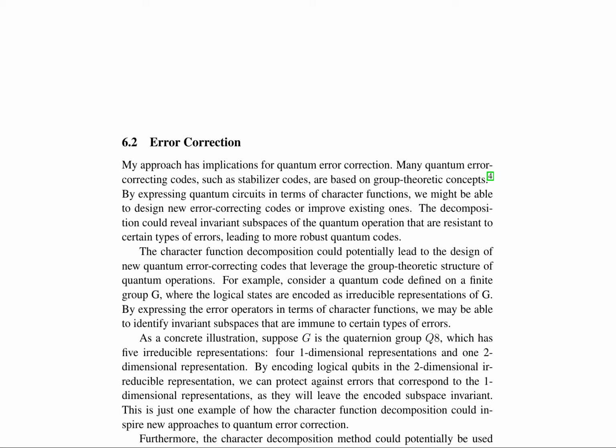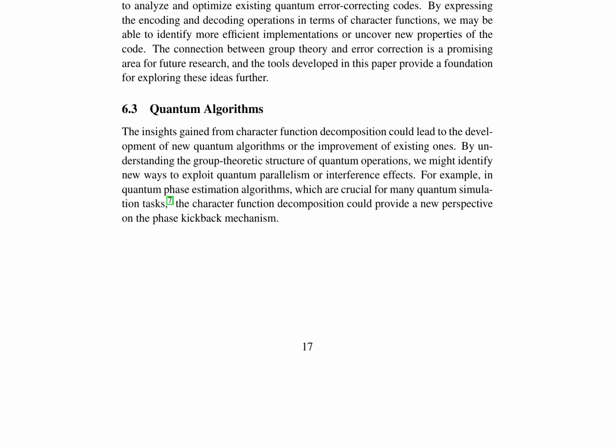The decomposition of quantum circuits into character functions has significant implications for quantum error correction and the development of new quantum algorithms. By expressing quantum operations in terms of character functions, it's possible to design new error-correcting codes or improve existing ones. For instance, encoding logical qubits in irreducible representations of a finite group, such as the quaternion group Q8, can protect against specific types of errors.